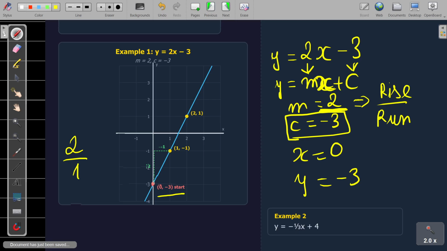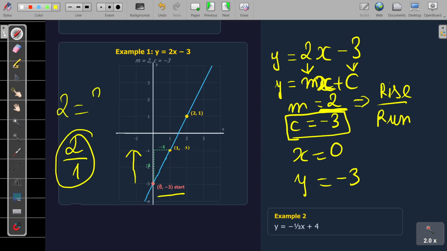So we start at our anchor point, negative 3. We go up by 2 and go right by 1, because we have this gradient number that is 2. 2 is equal to 2 divided by 1. We're using this gradient to calculate the position of our next point.